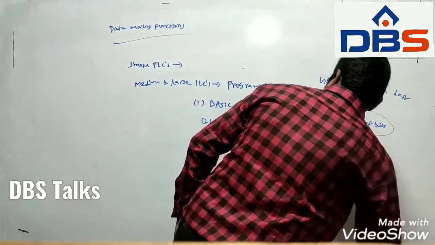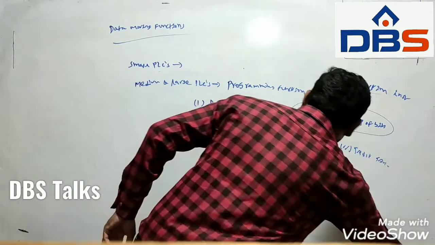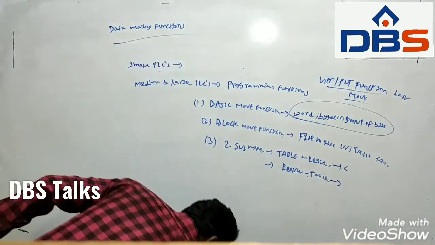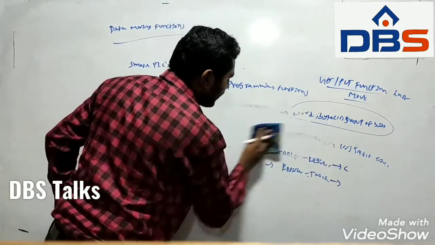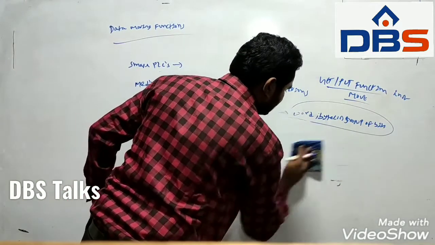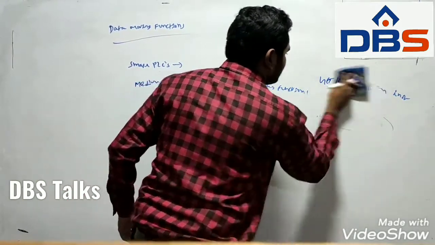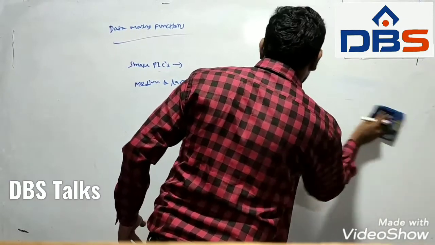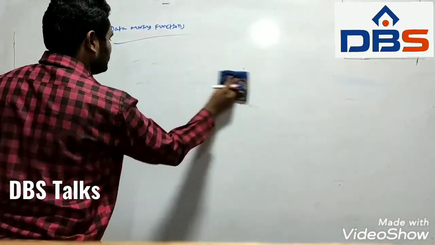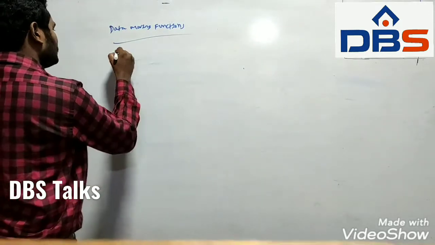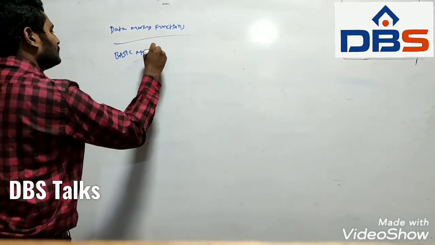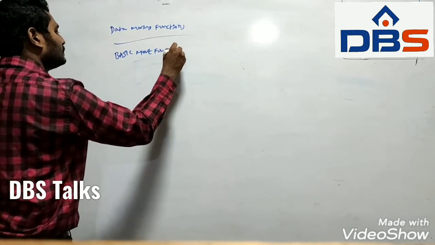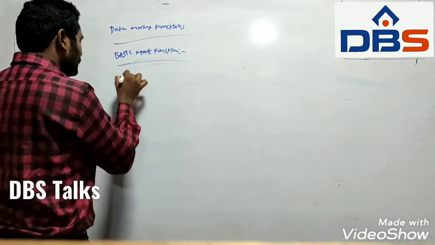So if we look at the detailed functioning of the basic move function, we have block format and coil format for the basic move function. So here I am taking block format.